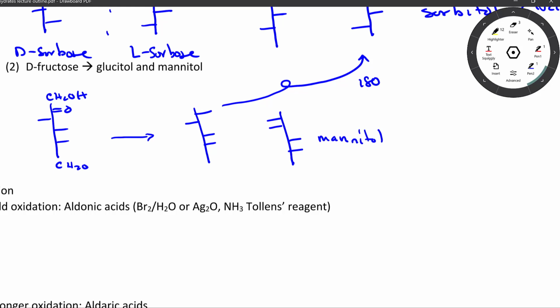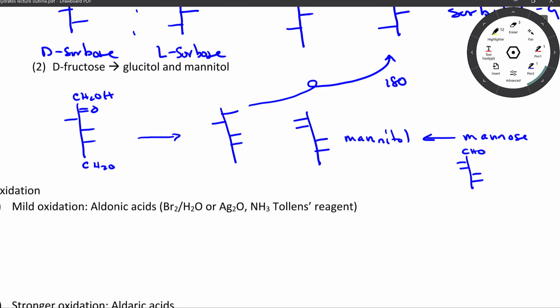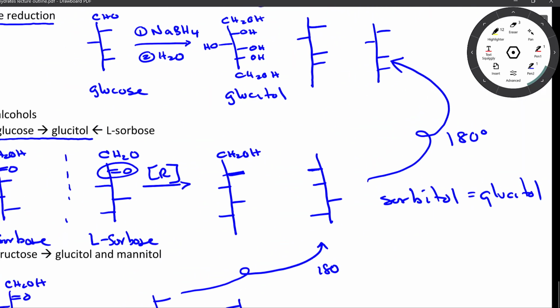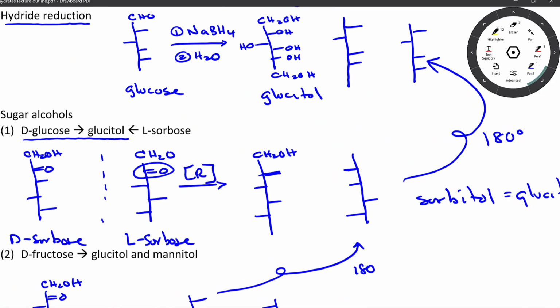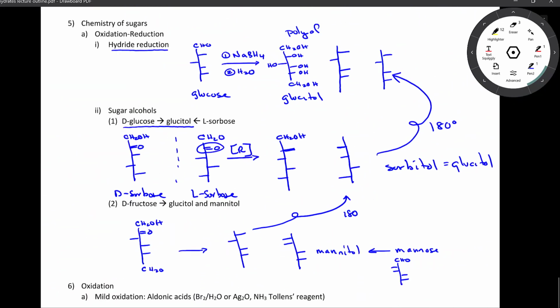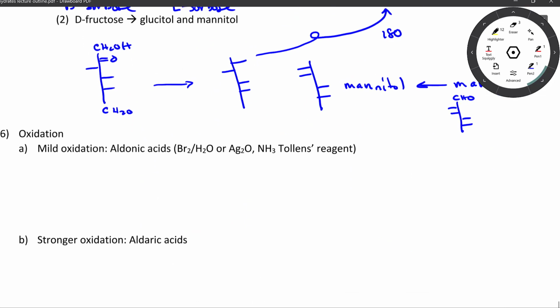So if you take mannose, and you reduce it, you produce mannitol. So fructose and mannose can give you glucitol as well as sorbitol as well as mannitol. Anyways, yeah, it's complicated. Well, it's not complicated, but there's a lot of permutations.